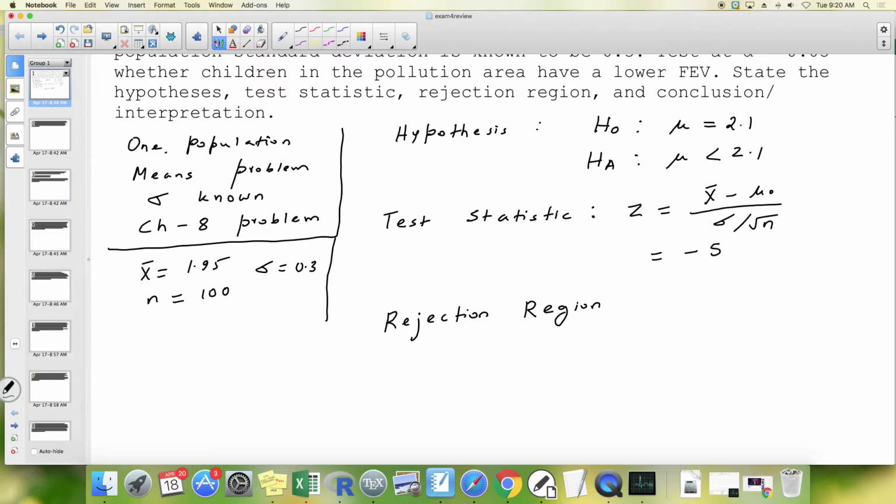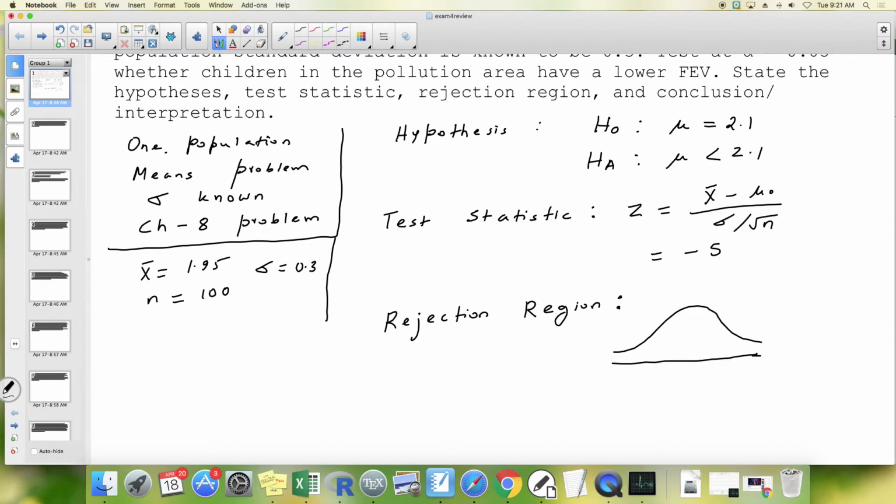All right. So as usual, is it a z-test or a t-test? It's a z-test. We can see from here. And so I shall draw the z table, the Z curve. And is it a left tail test or a right tail test? So we look at HA, which is mu less than 2.1, and it's a left tail test.